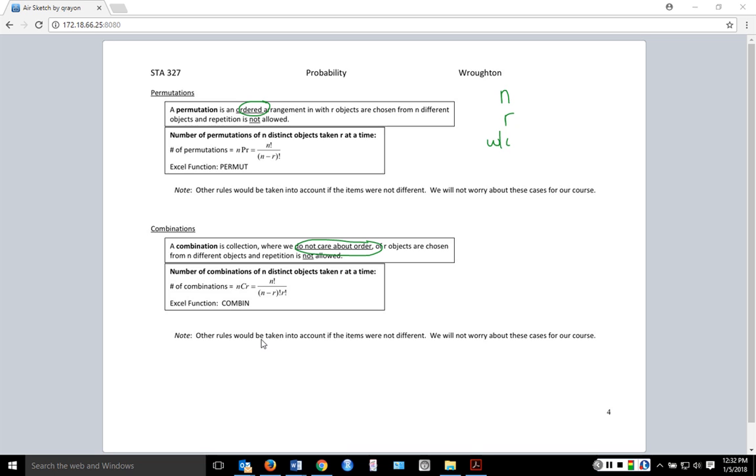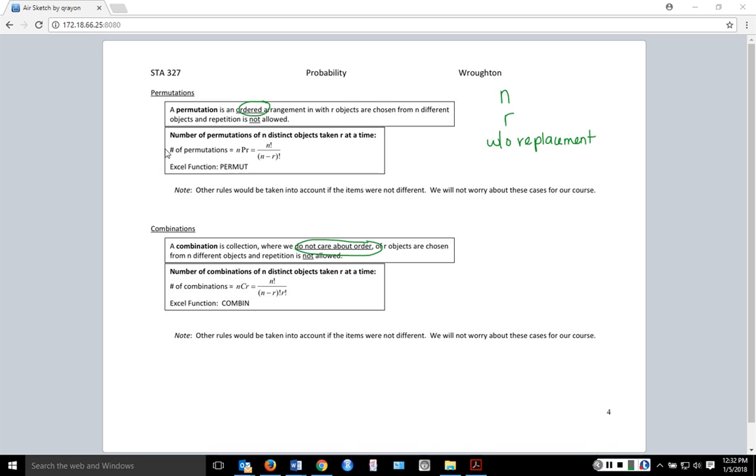And sometimes how we rephrase this is we're doing it without replacement. So that means that as I take some out, I'm not putting them back in. It's like I can't be selected more than once. Again, so the main difference is a permutation, we worry about order. A combination, we don't.